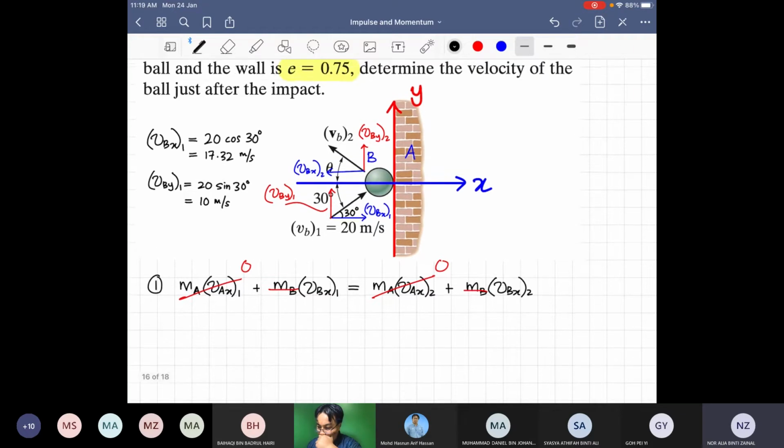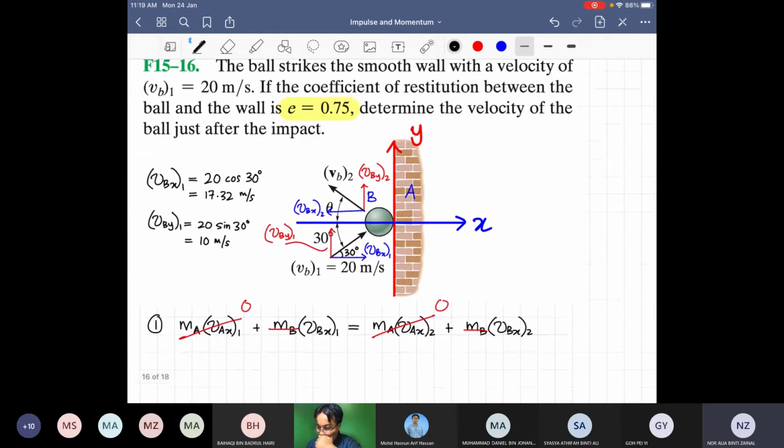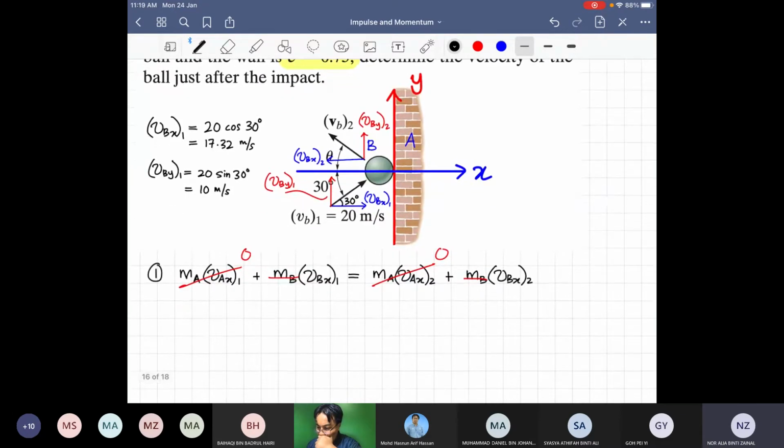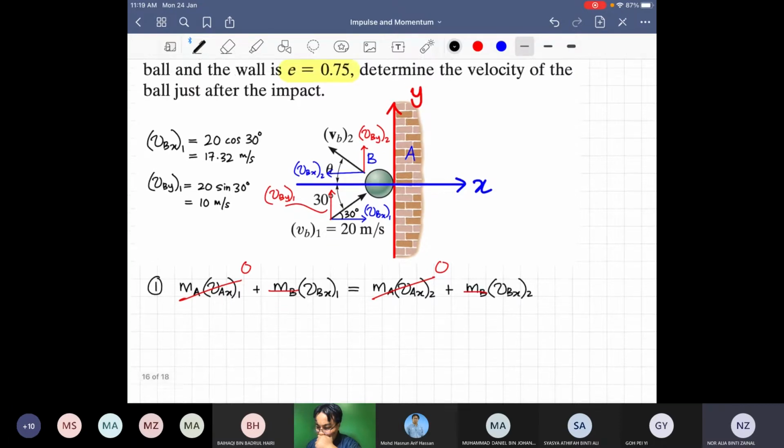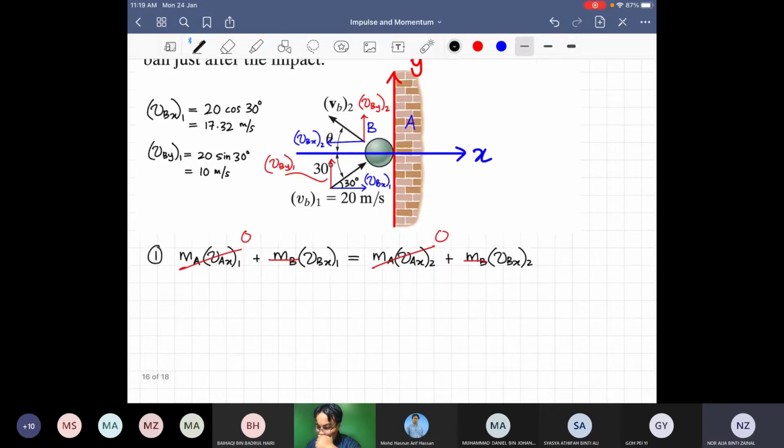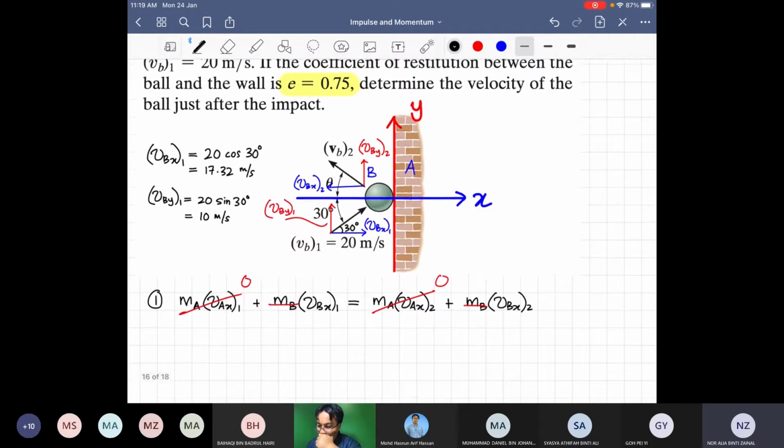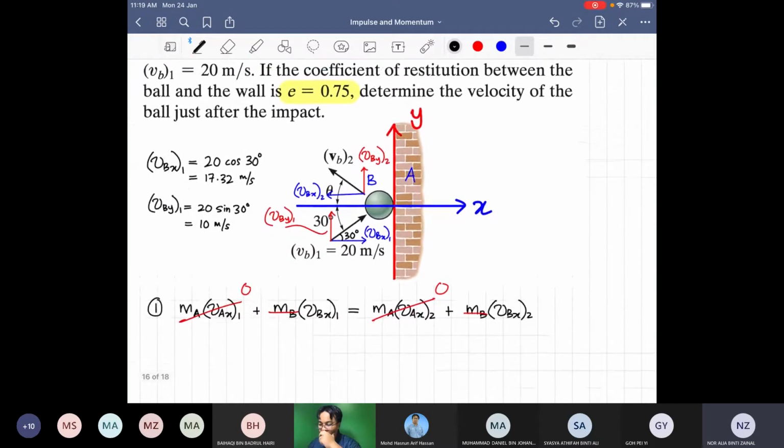Let me see. Oh, in this case we have to use the coefficient of restitution terus.